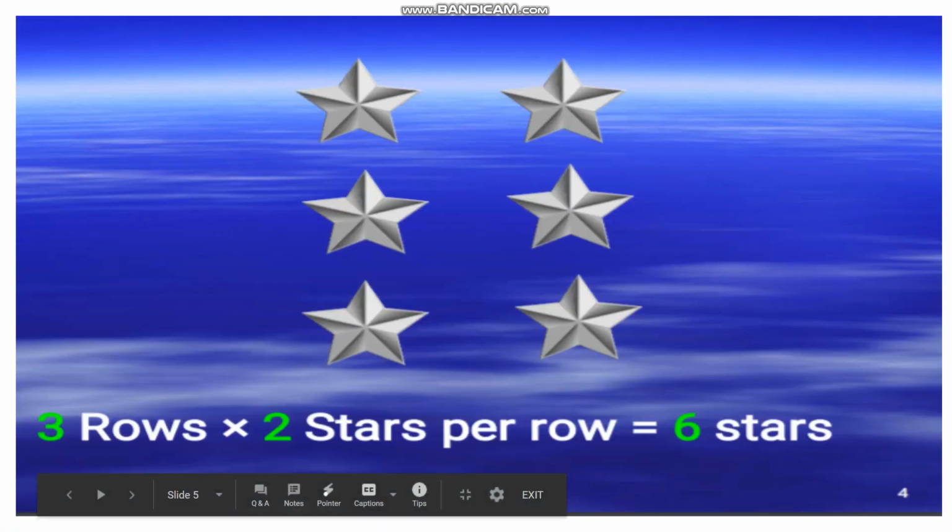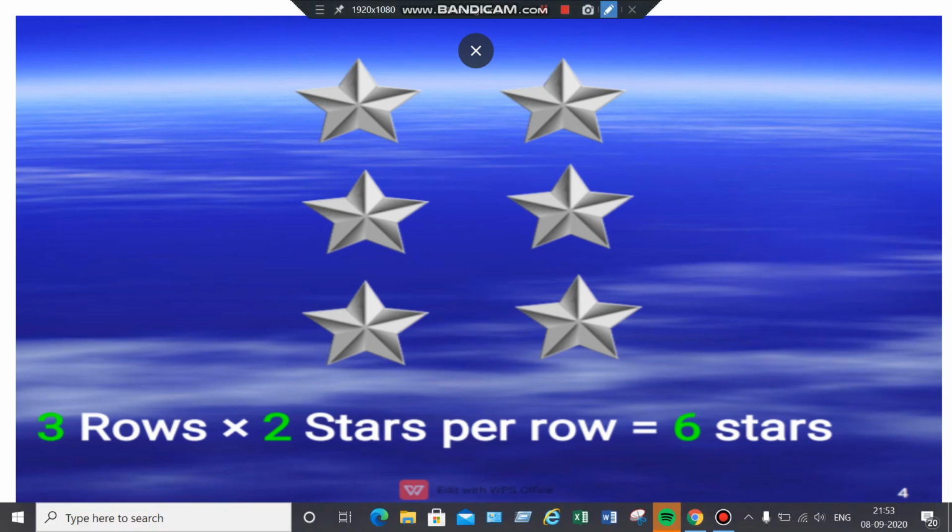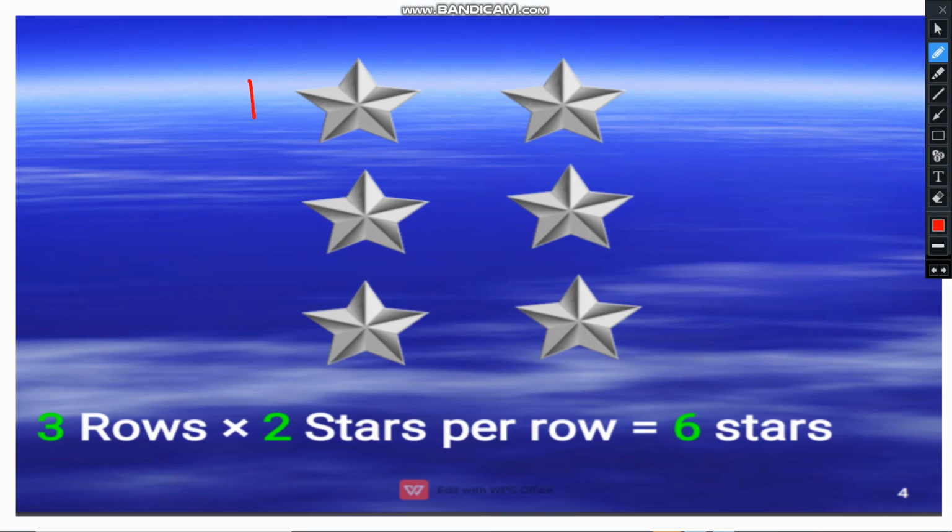Now in the second way of arrangement, there are 3 rows: row number 1, row number 2 and row number 3. In each row we have 2 stars. Now this is a way of arrangement.